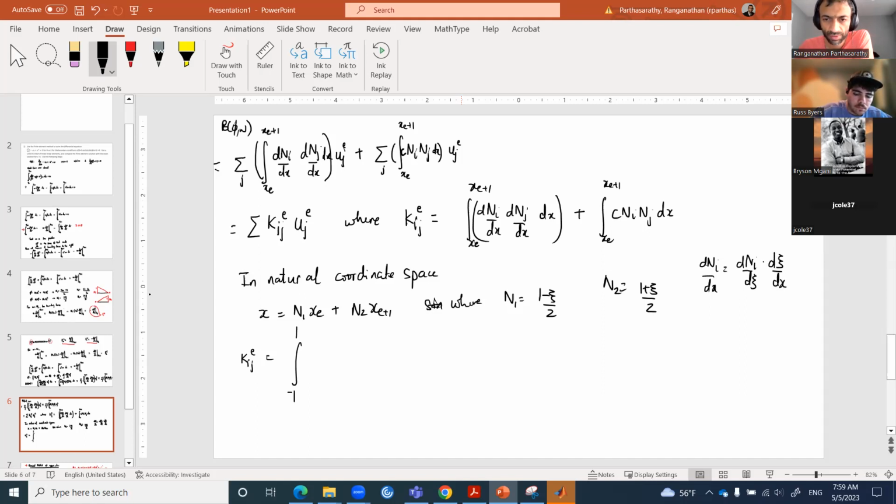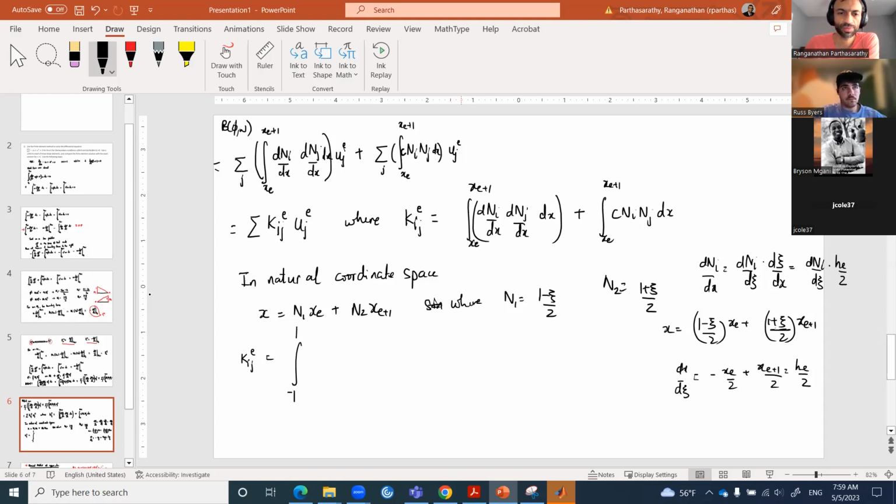So if we were to write that out, x is 1 minus psi by 2, xe plus 1 plus psi by 2, xe plus 1. So dx by d psi is negative xe by 2, xe plus 1 by 2, which is he by 2, element length by 2. So this is dNi by d psi times he by 2.